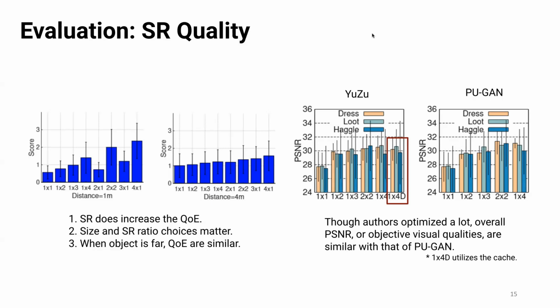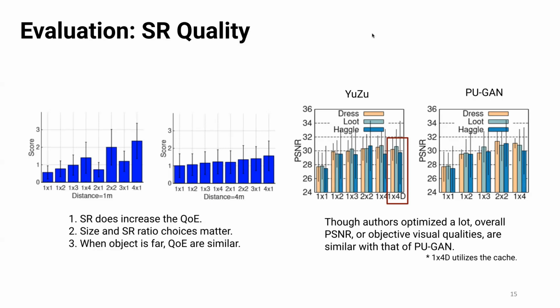Even though they did a lot of optimization on YuZu, they still get quite comparable PSNR compared to the live version of PU-GAN. So they get lots of memory and latency advantages with the optimized version, but they get good PSNR.